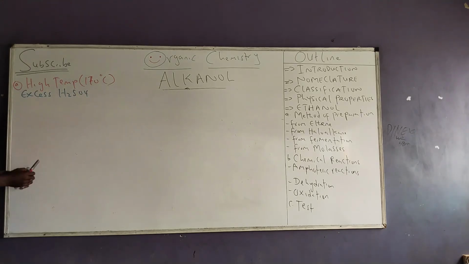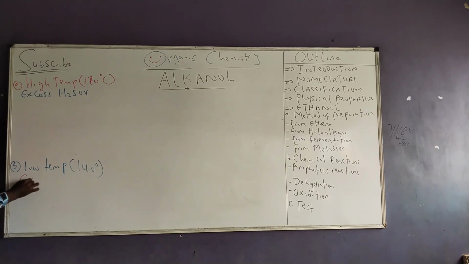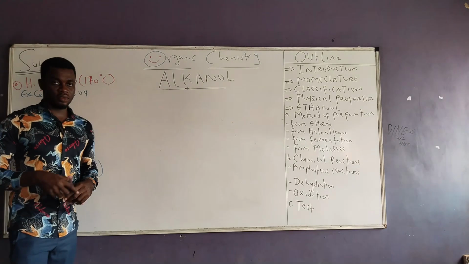I can also have another condition where I have low temperature, roughly around 140 degrees Celsius, and this time around, I have excess alkanol. So, what are my products?